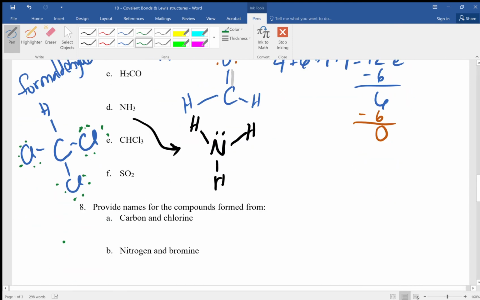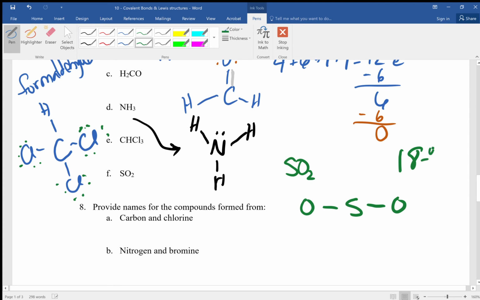And finally, our last one in this group, SO2. We're going to do this one completely. So both sulfur and oxygen are in the same column. Both have 6 electrons. So we have 18 electrons total. So we can start by doing that.